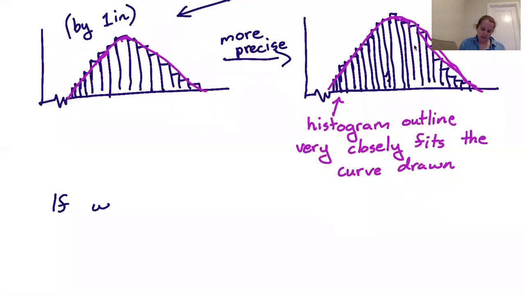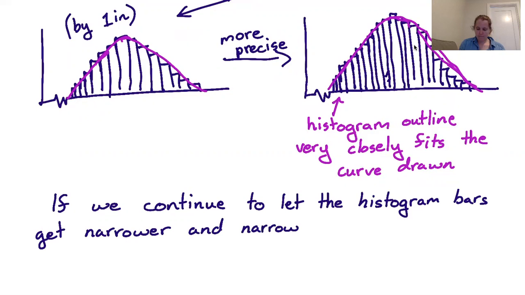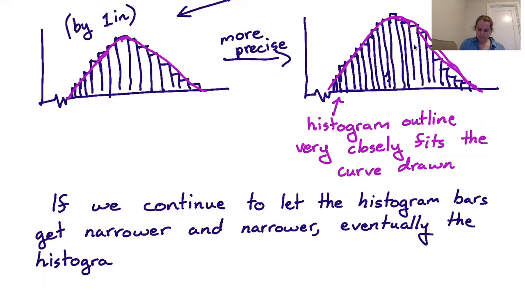So if we continue to let the histogram bars get narrower and narrower, eventually the histogram outline will essentially be the curve.